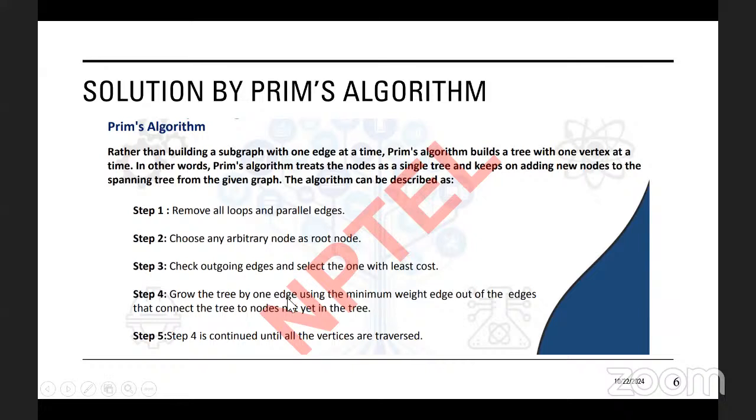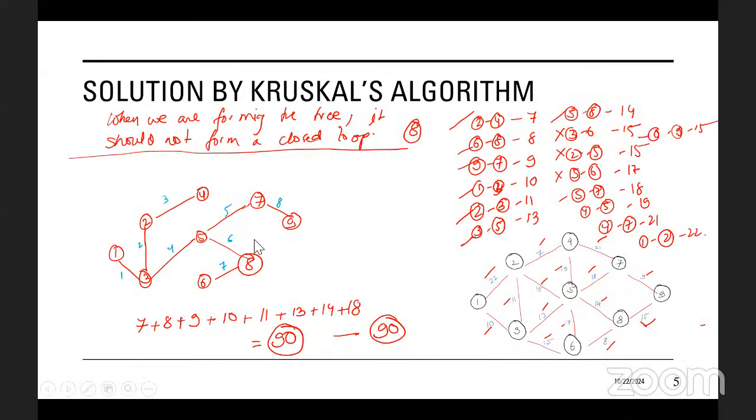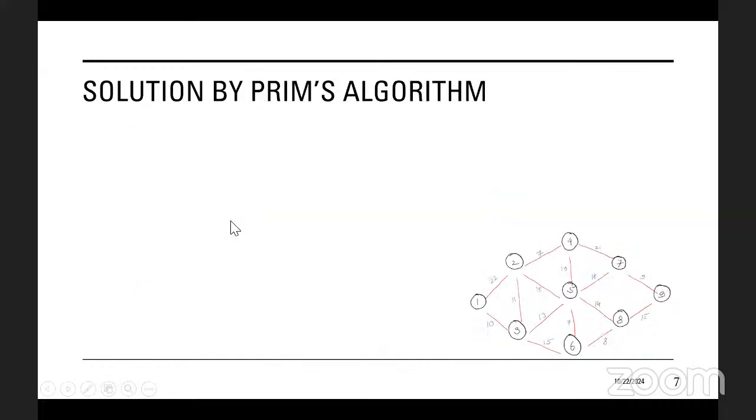The edge with the minimum weight is selected, and we will stop the algorithm when we have obtained 8 vertices, and there should not be any loop formed, same as we have done over here.